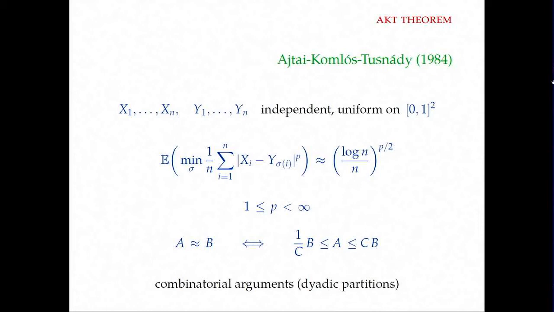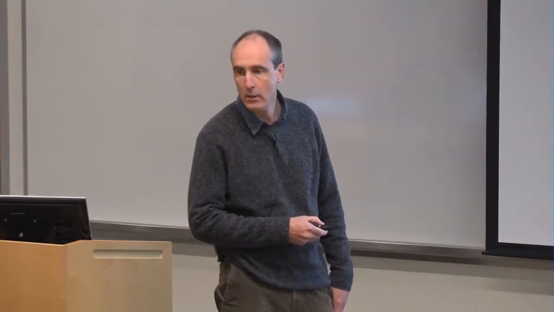the so-called Ajtai-Komlós-Tusnády theorem from the 80s, which is stating that if you have independent random variables which are uniform on the unit square, then the optimal matching is actually given by an extra log n with respect to what was expected.